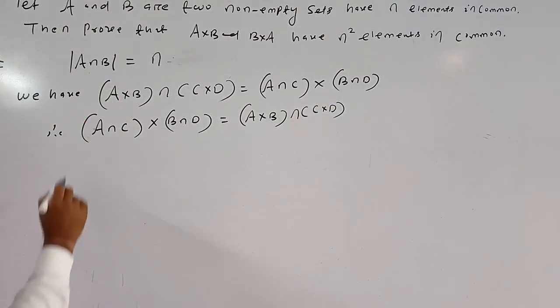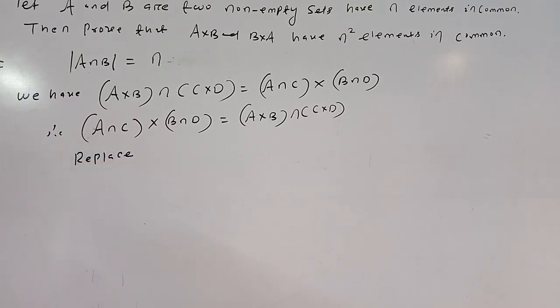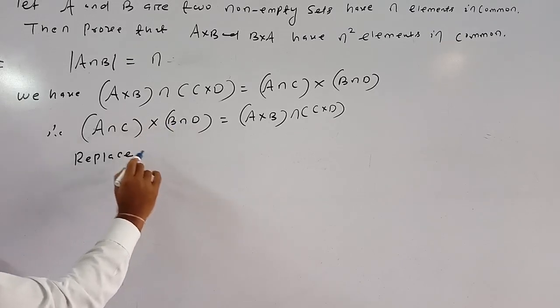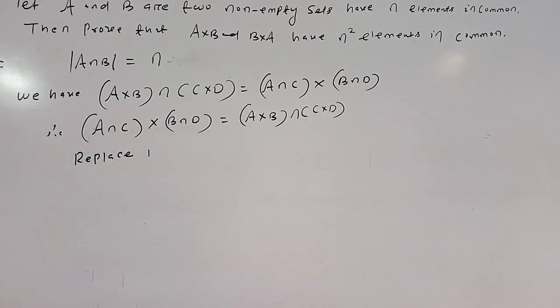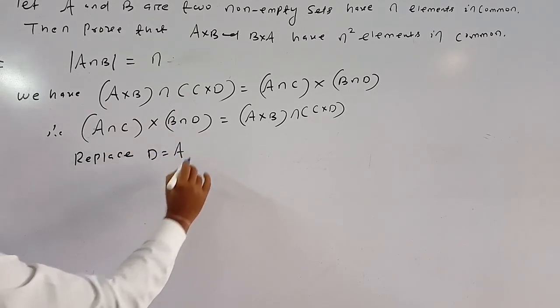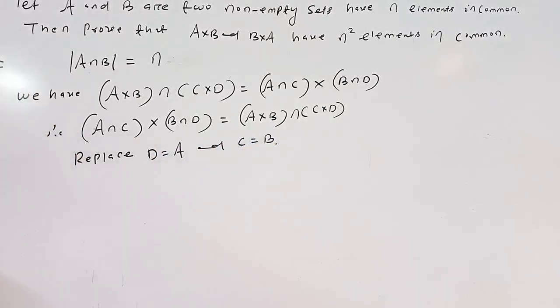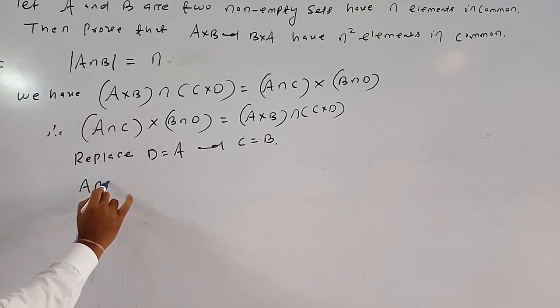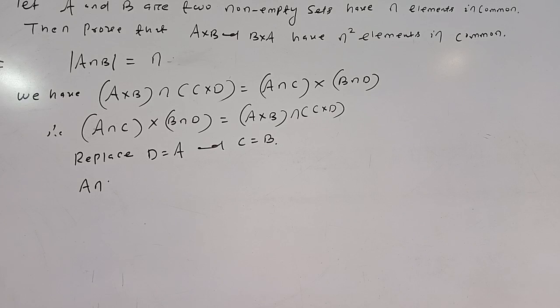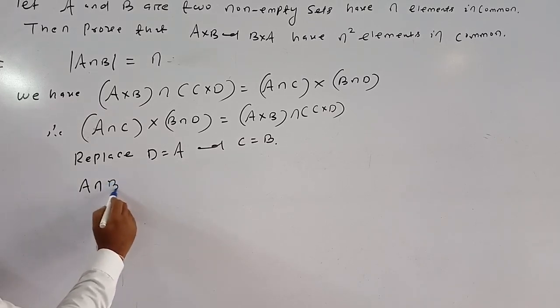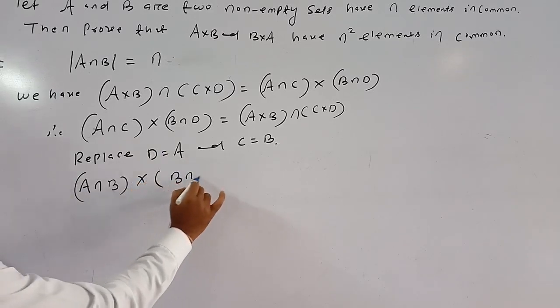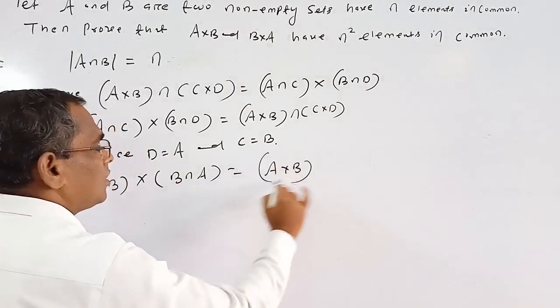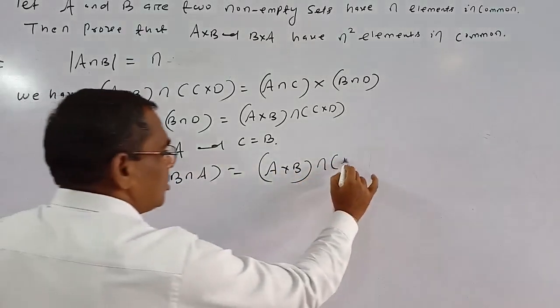Okay, now replace D with A and C with B. So A ∩ B, that means A ∩ B. Okay, now what happens? So replacing C with B, (A ∩ B) × (B ∩ A) is equal to (A × B) ∩ (B × A).